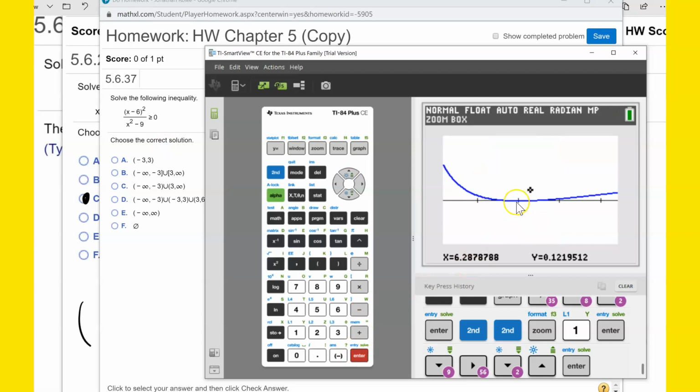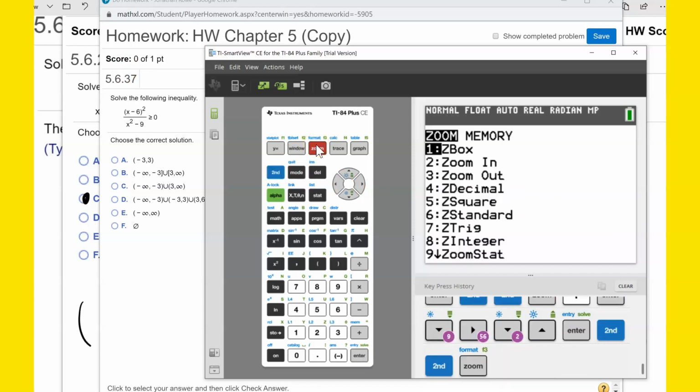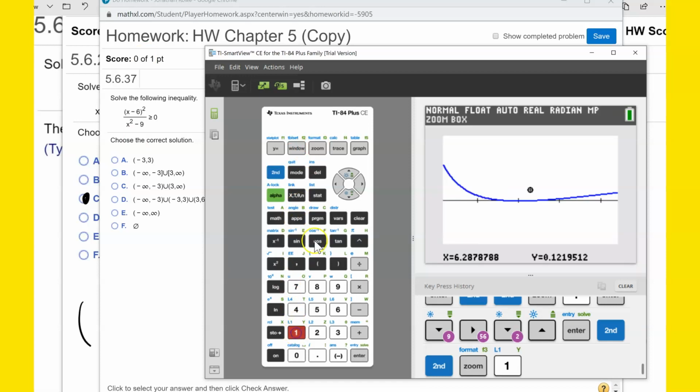Okay, I think I can tell now it doesn't cross the axis. It just hits the axis at whatever value that is. But I want to zoom in one more time. I think I need to zoom in and make myself feel better about it. Actually, I think I'm just going to go zoom in.